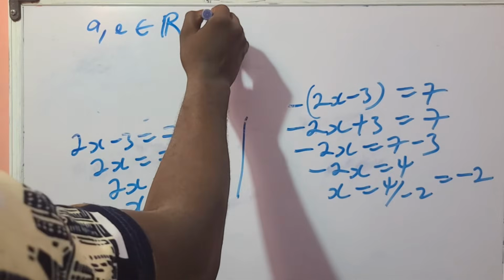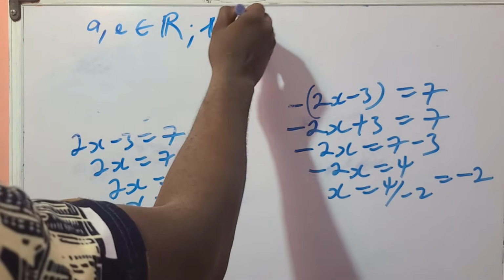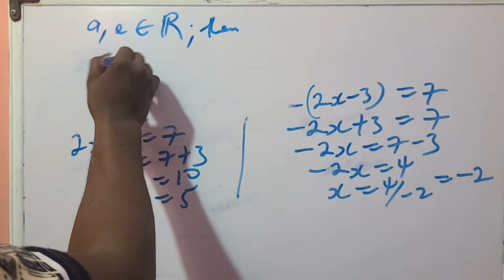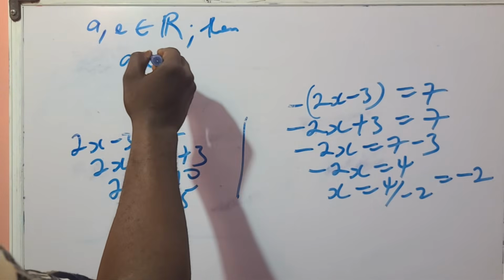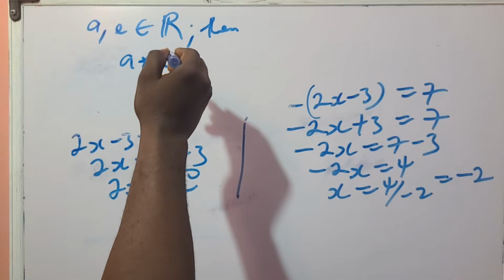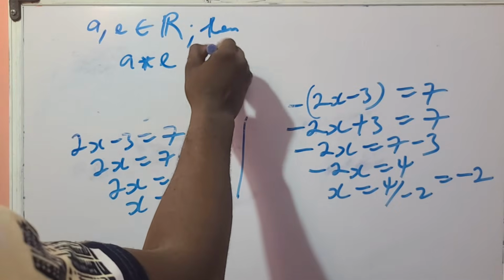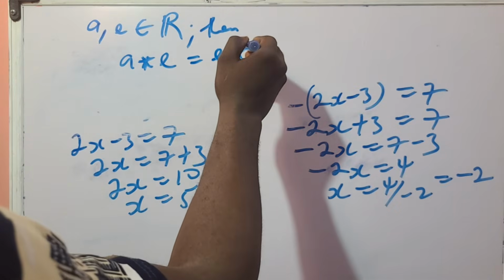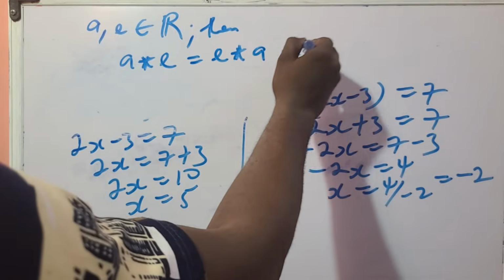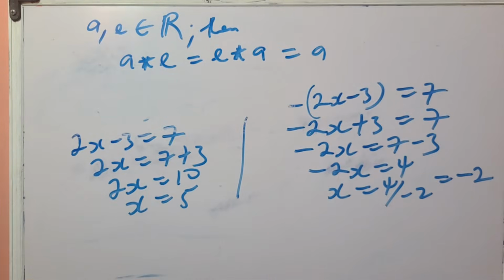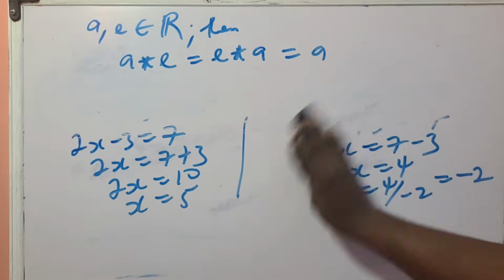Then you were told that this operation happened. A binary operation A star E was equals to E star A, and all this produced A. So you were asked to discuss the property that was going on here. Now, what property is this related to when dealing with binary operation?